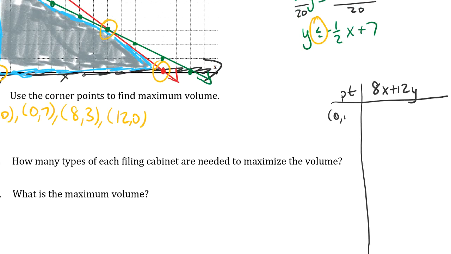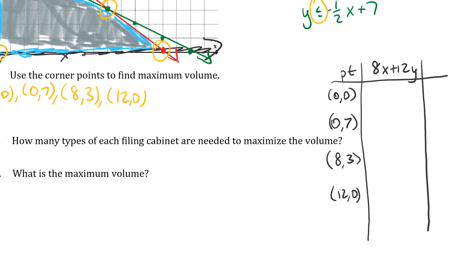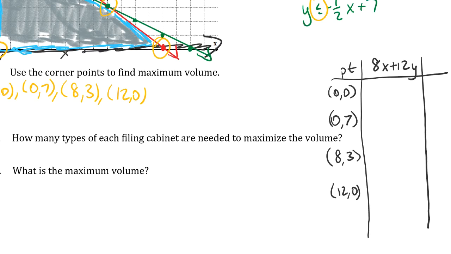So our points are 0, 0, 0, 7, 8, 3, 12, 0. So 0, 0 is easy, because if we plug in 0 for each, then the zeros just all go away, and so we have 0.